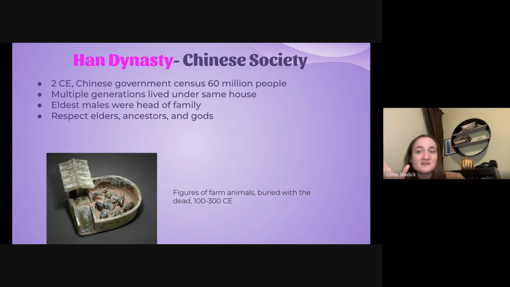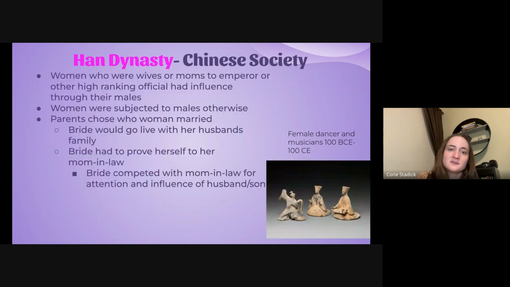To put it in perspective, the state of Minnesota is only about 6 million people. Multiple generations lived under the same house. Of course, the eldest male was the head of the family. And there was a lot of respect for elders, ancestors, and the gods. The only women that really ever had power in the Han Dynasty were wives or moms to the emperor or other high ranking officials.